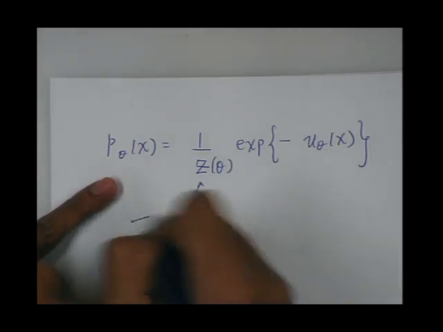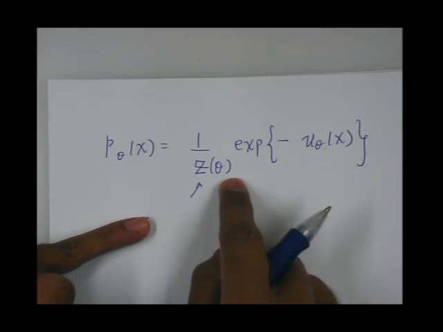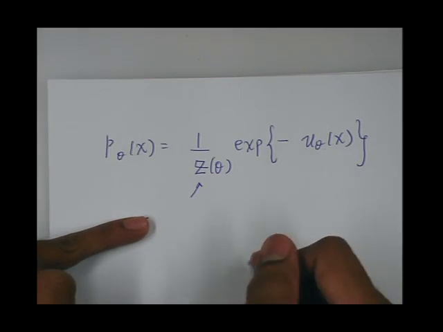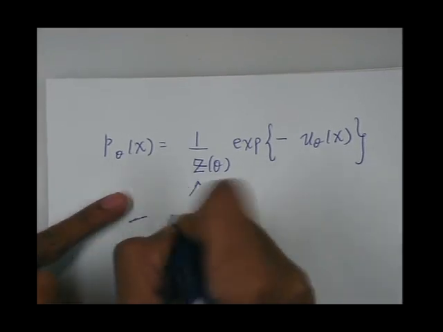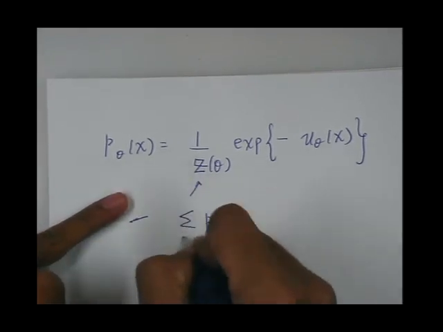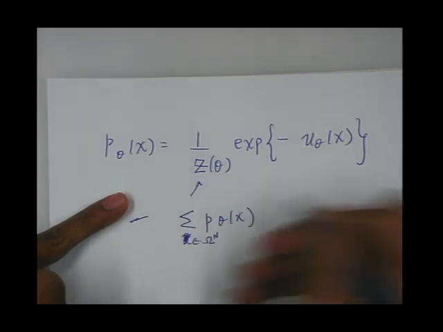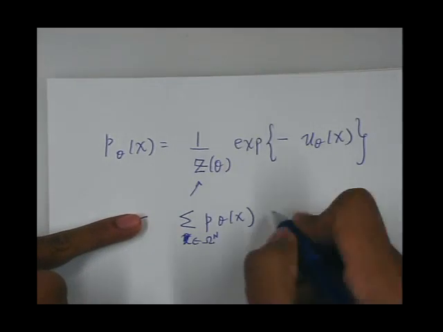So one thing that we know, if I want to write an expression for Z in terms of theta, can anyone tell me a way I can do that? Just be the integral. That's correct. Exactly. So basically, over x belonging to some set, you sum it up, or integral if it's a density, or sum it up if it's a mass function, like many of the cases we're looking at.